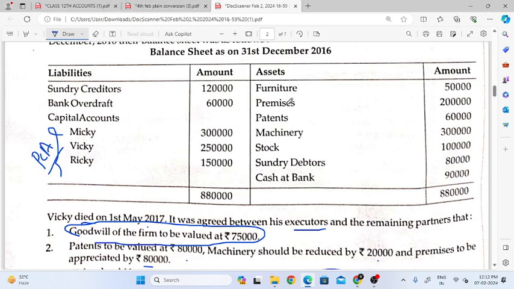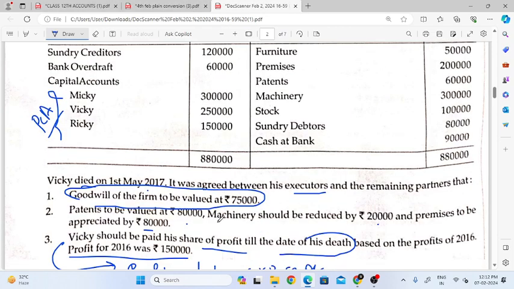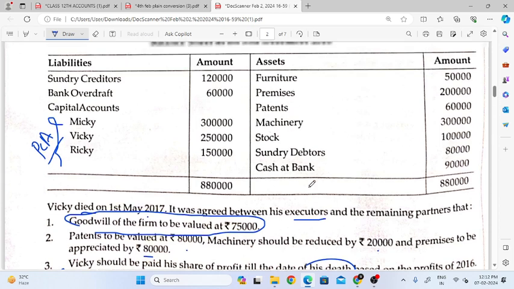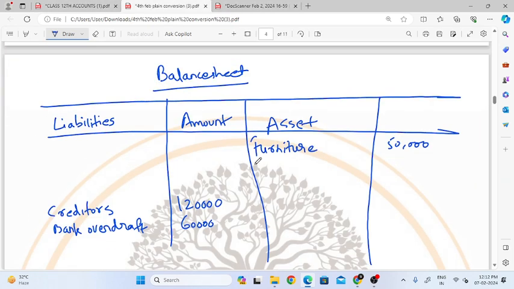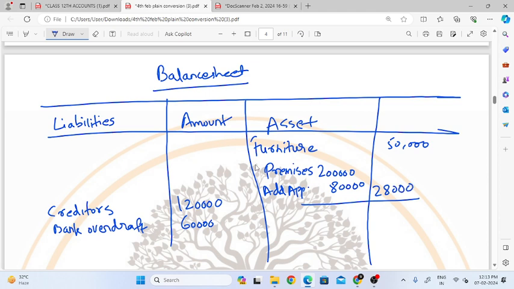Then premises 2 lakh. Is there any adjustment? Premises, yes. What they have given is that premises value is to be appreciated by 80,000. So the premises actual amount is 2 lakh. Add appreciation 80,000. So it will come to 2 lakh 80,000.